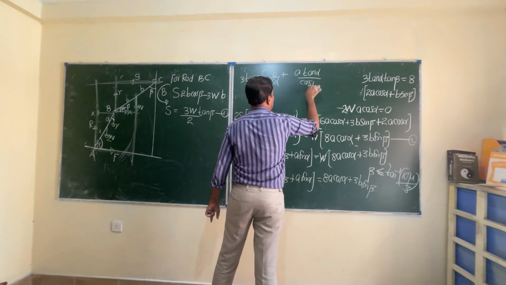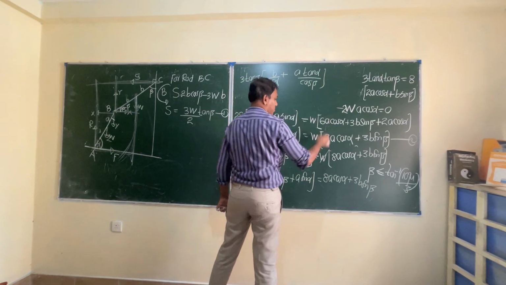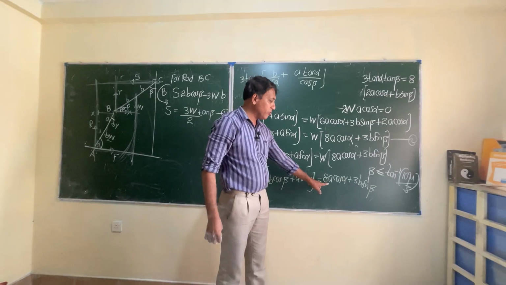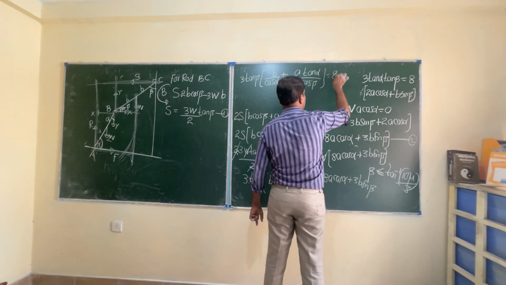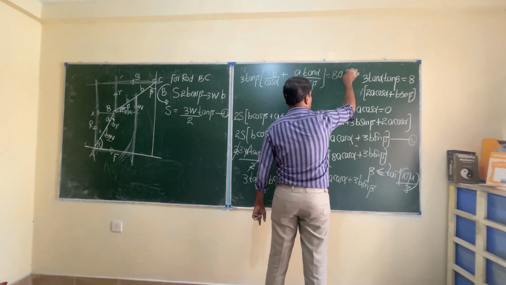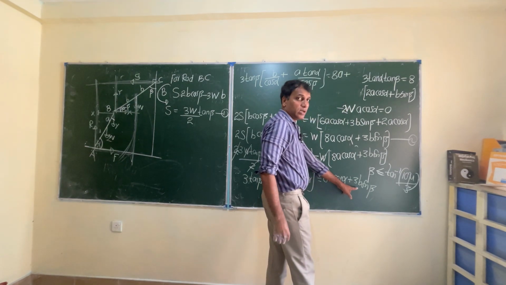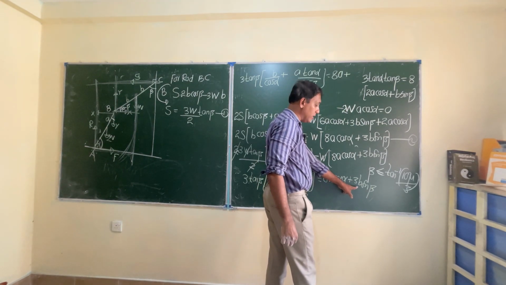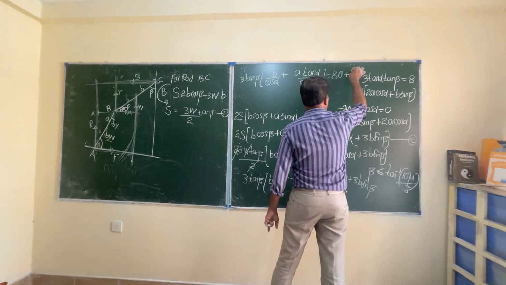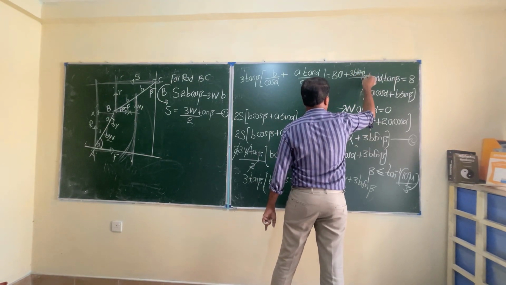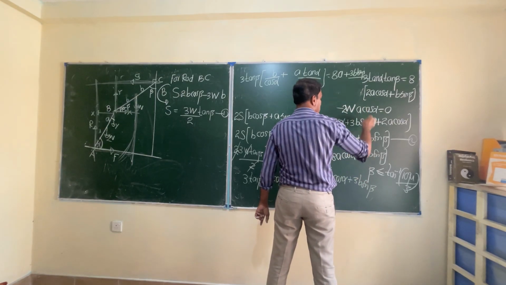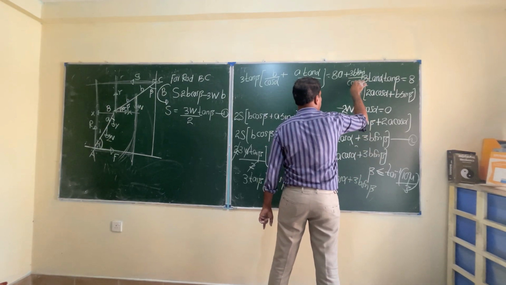Or any method you can use. Dividing by cos alpha cos beta, 8a equals 8a, so 3b tan beta over cos alpha.